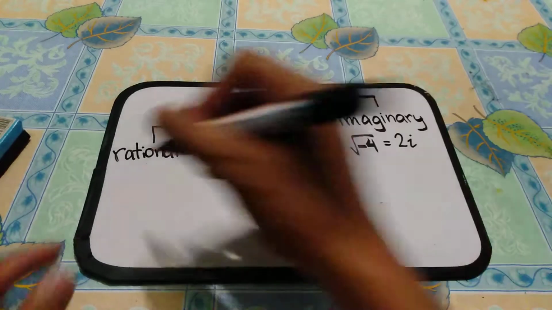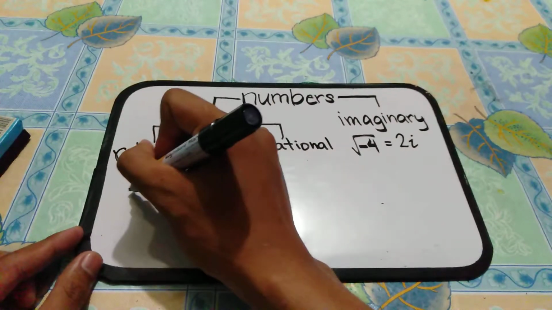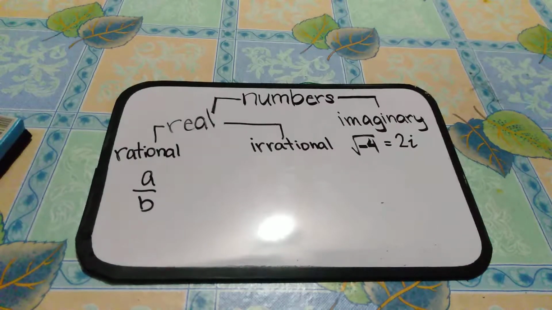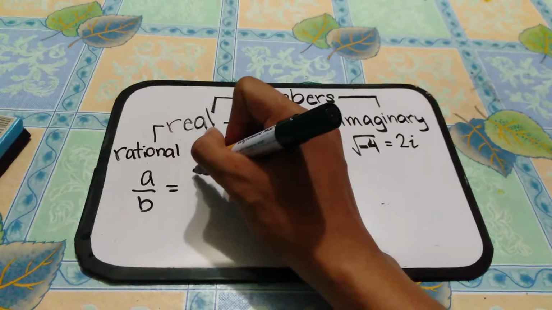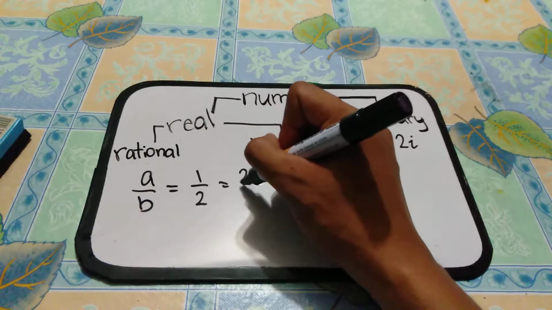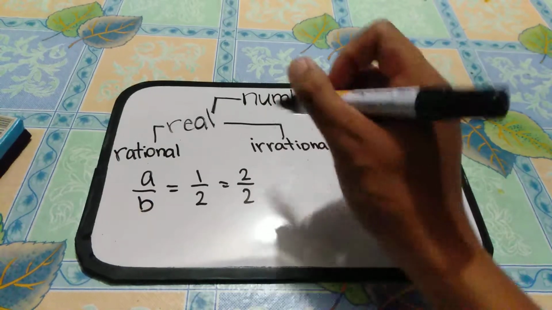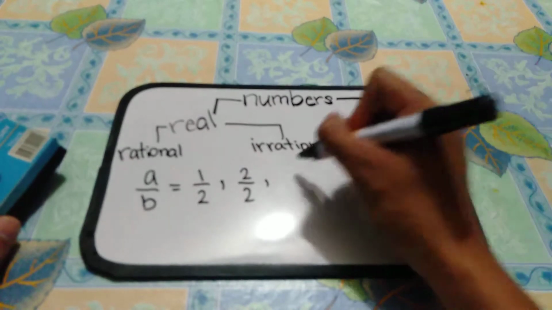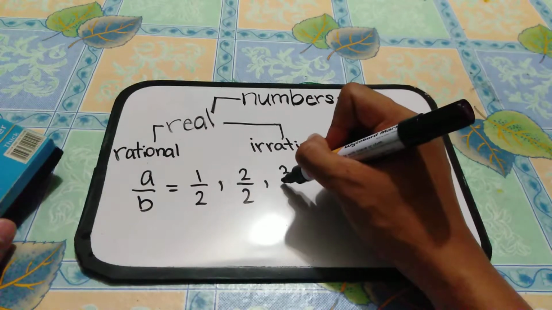Let's have a over b. A over b is any integers, like 1/2, 2 over 2, or 3 over 9.